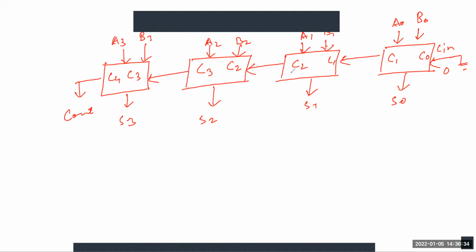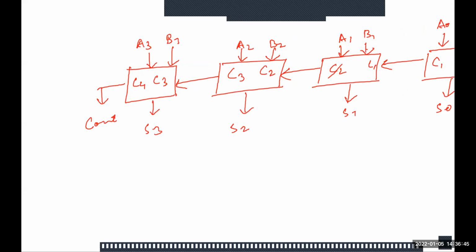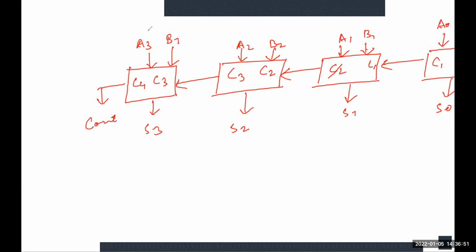Okay. So this is a 4-bit parallel binary adder circuit, and here you can see the inputs to each full adder will be Ai, Bi, and Ci, and the outputs are Si and Ci plus 1.